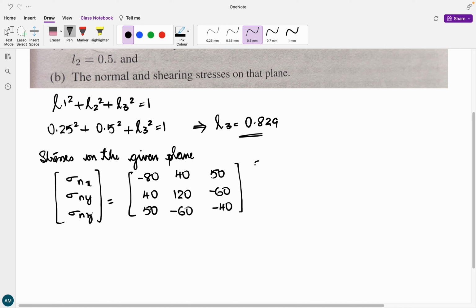The stress into the direction cosines, that is 0.25, 0.5, 0.829.